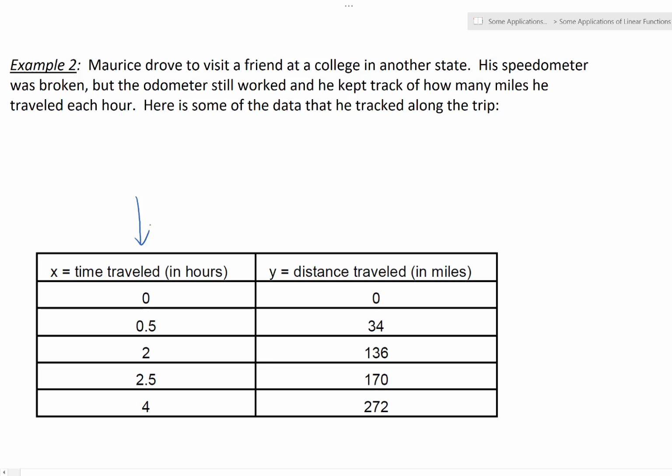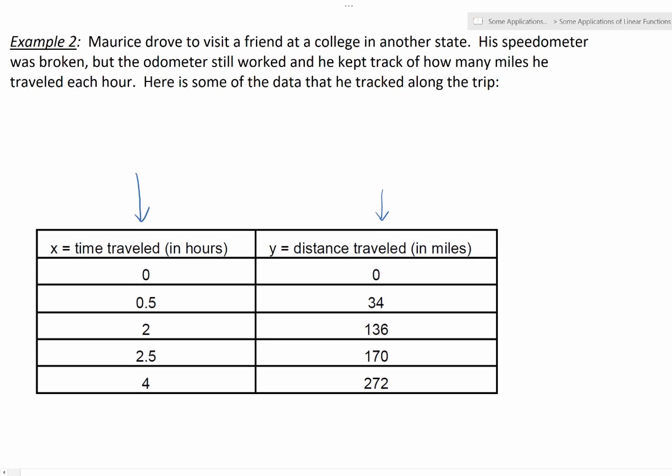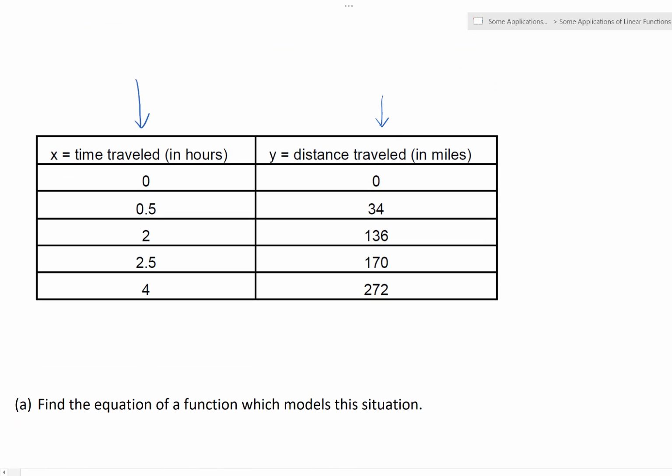Assuming since he started driving. And then the outputs, think of this as y, is the amount of distance traveled in miles. So these are, at various times, how far he was on his trip. It says find an equation of a function that models the situation.